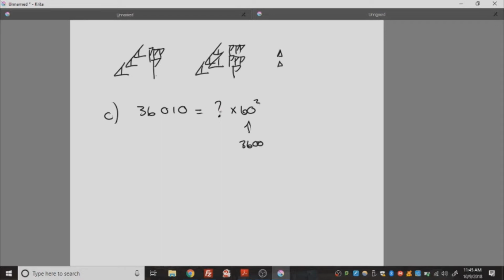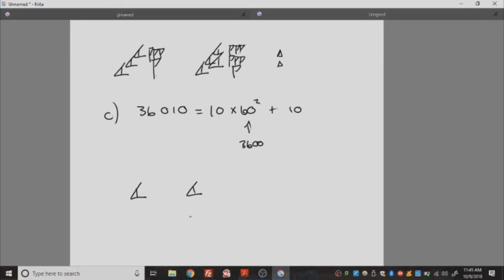I'm thinking 10. Because 10 times that is, oops, not 36. 10 times 3600 is 36,000. And then I just have 10 left. So my number would just be 10 space 10.